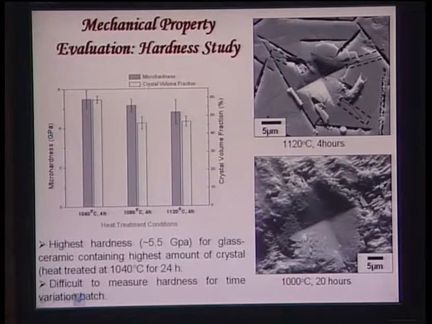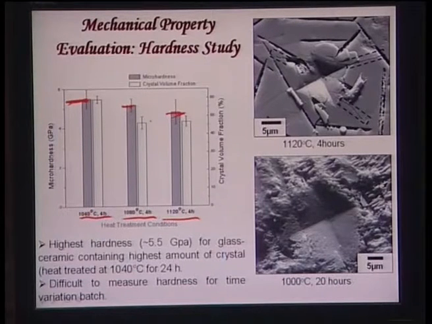Now some comments on the hardness property of these materials. As far as the hardness is concerned, at 1040, 1080 and 1120 for 4 hours, when you vary the temperature, the hardness of these materials, which is the shaded bar, is a little higher than 5 gigapascal.